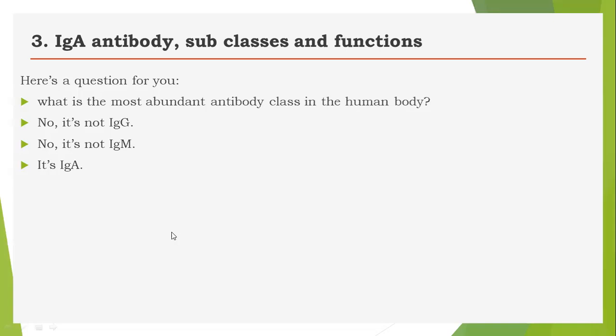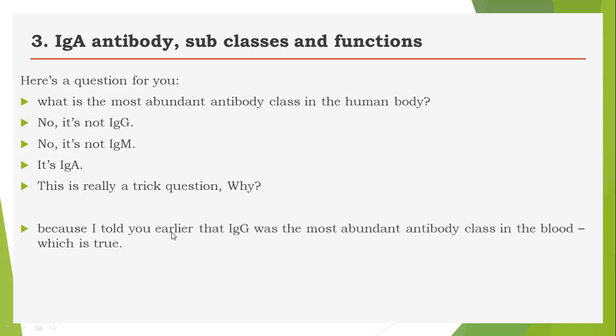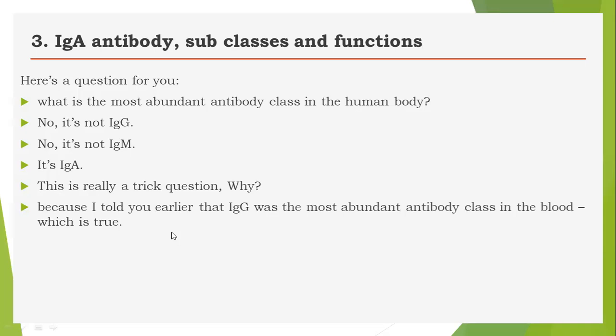Okay, so it sounds like a trick question. And usually, if we don't bring this to light, most people, even fellow scientists, will try to get that one wrong. And remember, I have mentioned that IgG was the most abundant in the blood, which is very true.